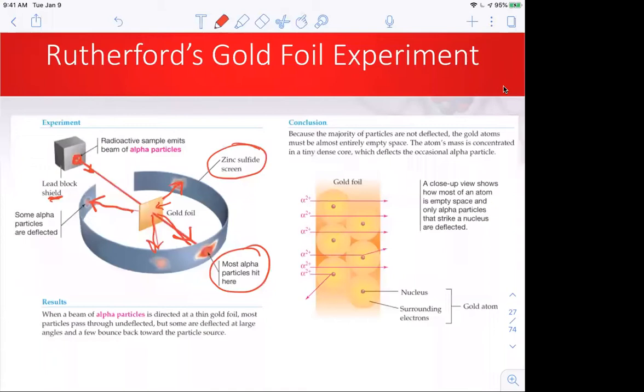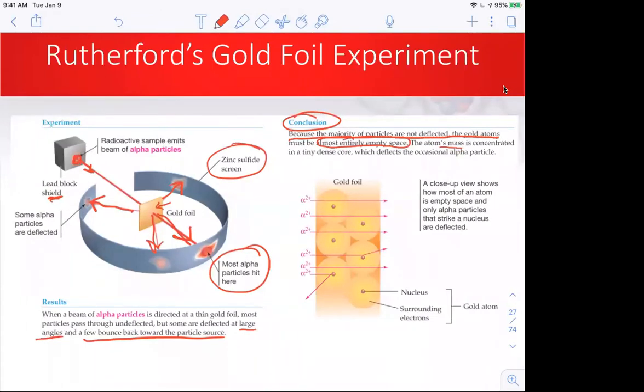These deflections occurred at large angles, and a few actually bounced back towards the particle source. So what you can conclude from this is that, because the majority of particles are not deflected, the gold atoms must be almost entirely empty space.